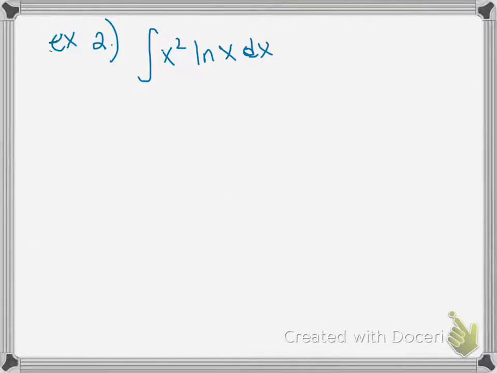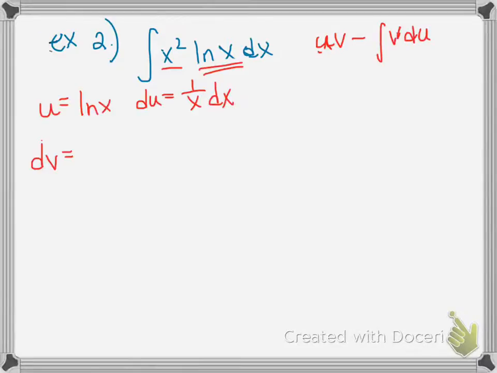Example 2. Again, I have two functions being multiplied together. One is a transcendental function, the natural log of x, and the other is an algebraic function, x squared. So I know that I have to use integration by parts. As a reminder, my formula is uv minus the integral of v du. Let dv be x squared dx.